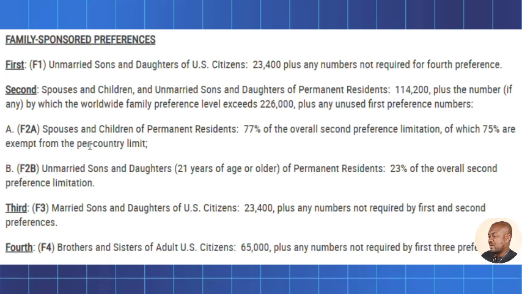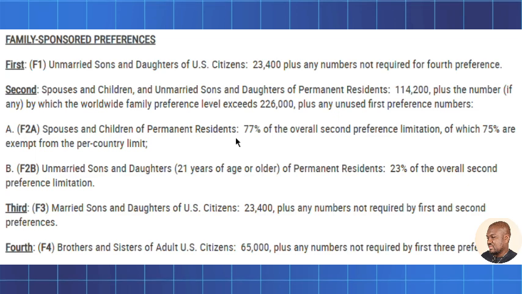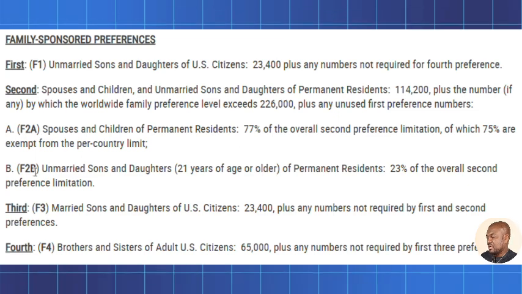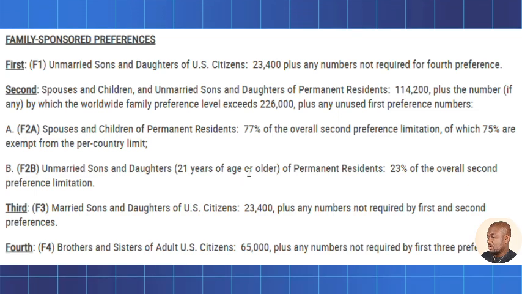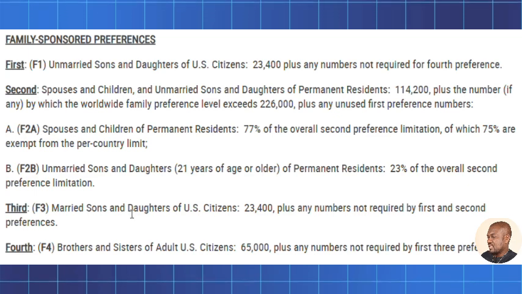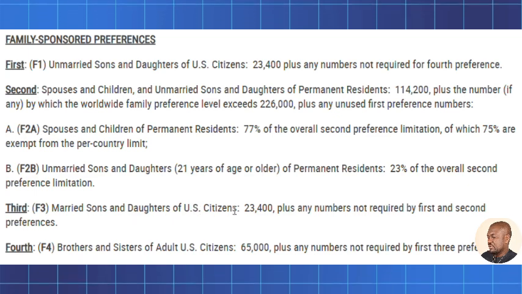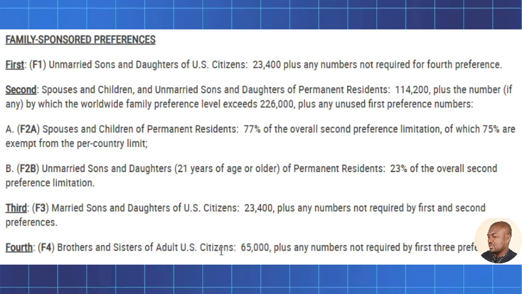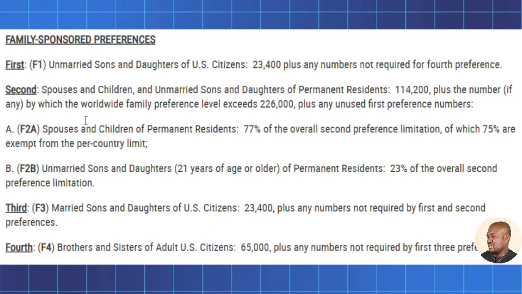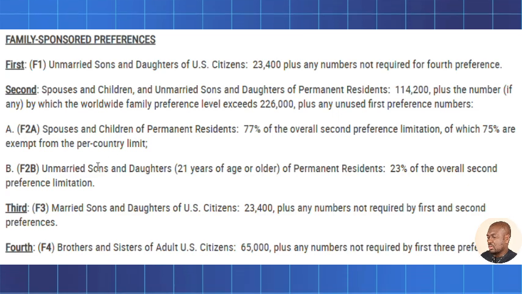F2A is for spouses and children of permanent residents, and F2B is for unmarried sons and daughters 21 years of age or older of permanent residents. We've got the F3 category, which is for married sons and daughters of U.S. citizens, and then F4, which is brothers and sisters of adult U.S. citizens. So these are the categories we're going to cover.